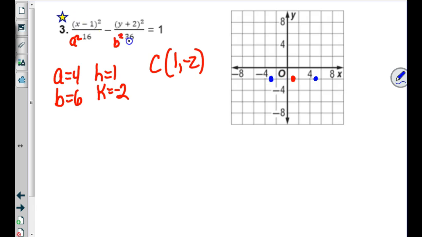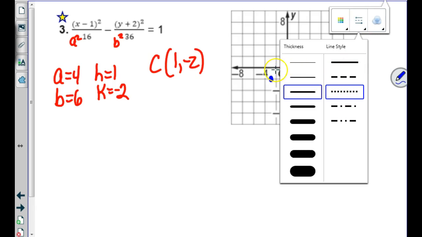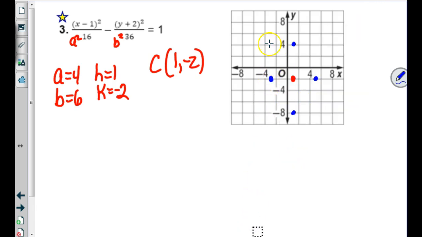Up and down, though, we're supposed to go how far? So that would be 3 whole boxes up and down. Okay. Make your rectangle. Draw in your diagonals.